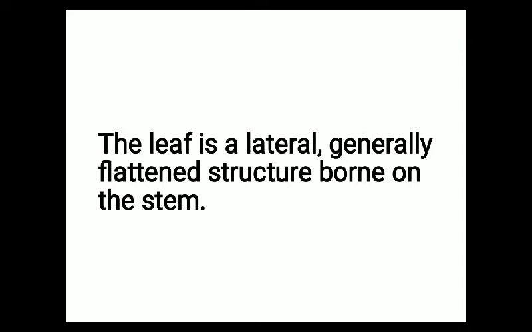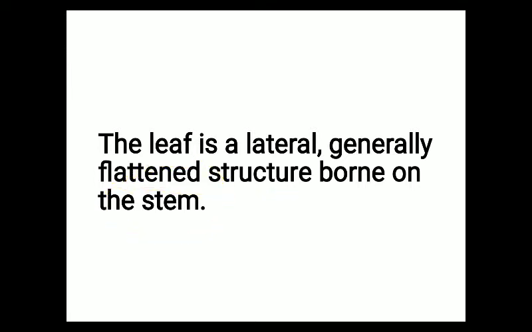Dorsal side means back side, ventral side means front side, and lateral side means the side portion of our body. For example, our hands are placed in the lateral side of our body. So leaves are generally lateral in origin, and they are flat structures borne on the stem.